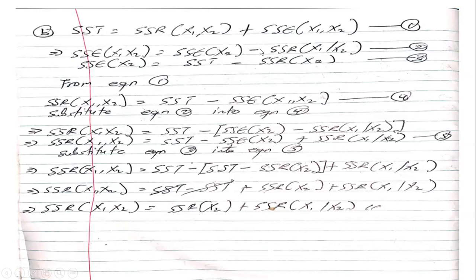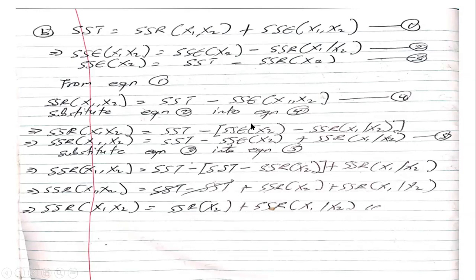When I substitute equation 2 into equation 4, wherever I see SSE of S1, S2 in equation 4, I will substitute everything here. After my substitution, I expand, and this is what I get. I name this equation 5.